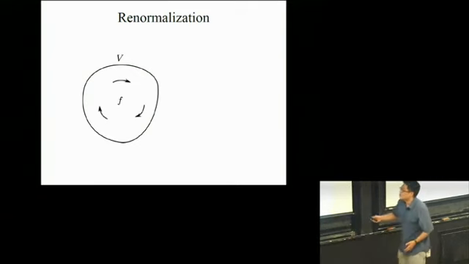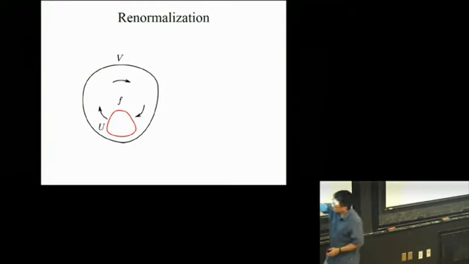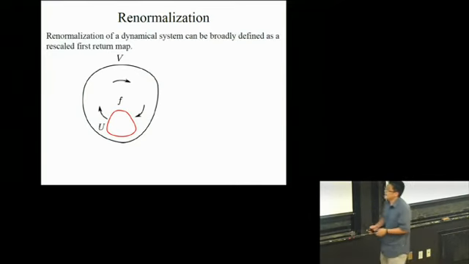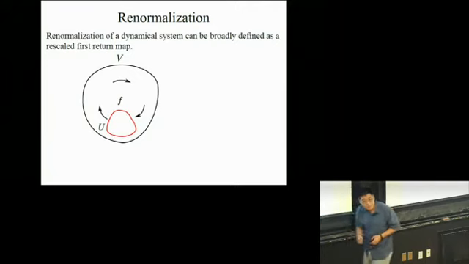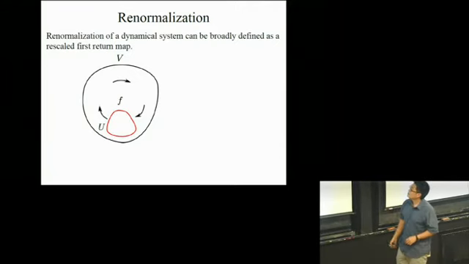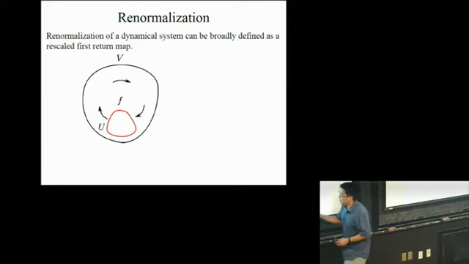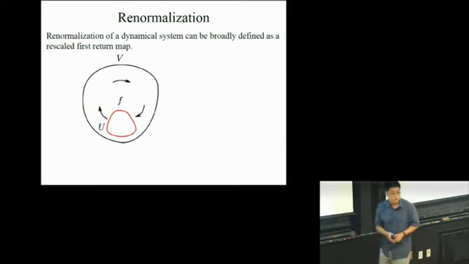So you define renormalization by first considering some small subset of your dynamical space. Let's call it U. And then renormalization is defined by taking iterates on this smaller subspace until the points come back. So you take the first return map. And then the renormalization is defined as a rescaling of this first return map so that this smaller domain becomes the same scale as your original space.